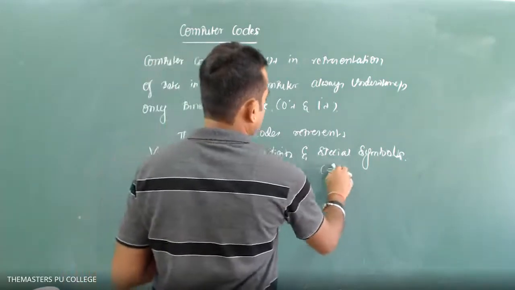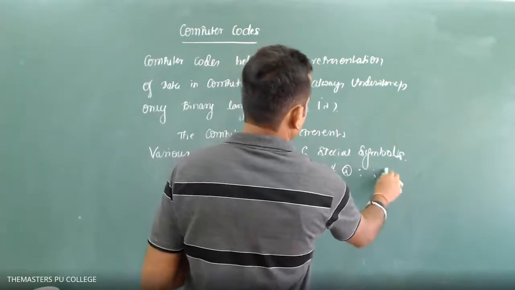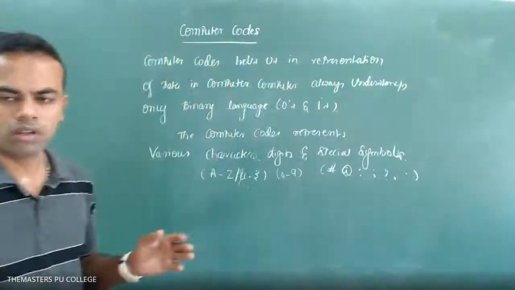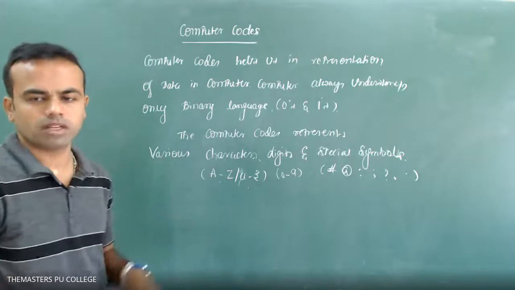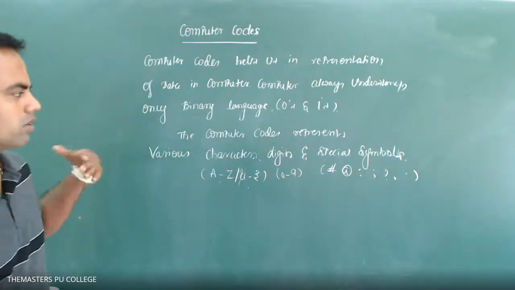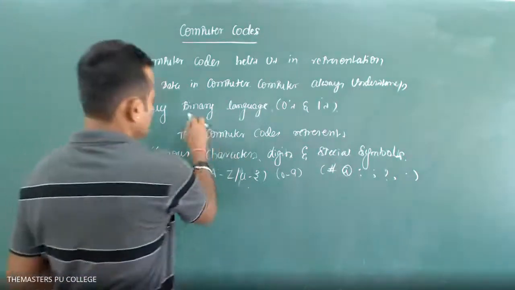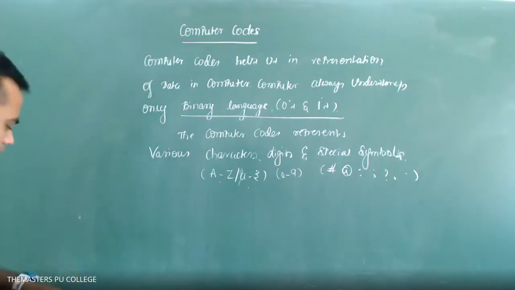Special symbols are hash, at, colon, semicolon, question mark, comma, full stop, etc. Around 30 special symbols we will have. So we can represent these as computer codes, and the computer always understands binary language.